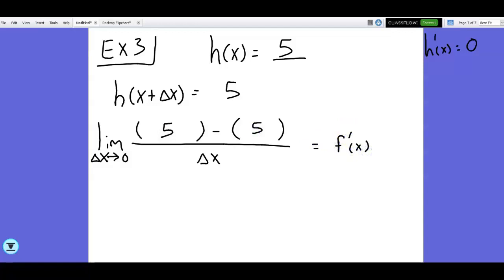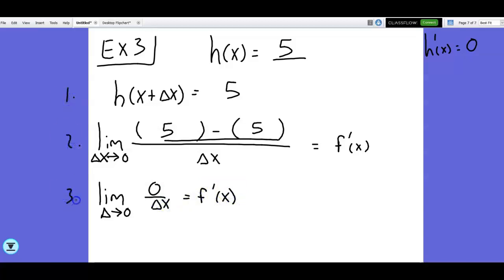Now, there's my plug-in. Now let's simplify this a little bit. If I simplify this, 5 minus 5 is 0, right? So this was step 1, step 2, step 3.